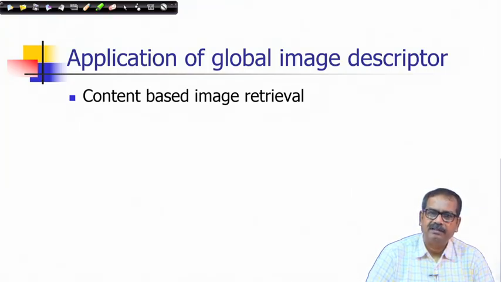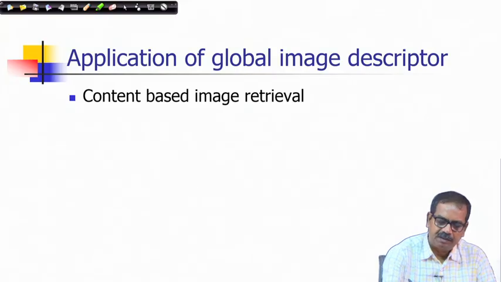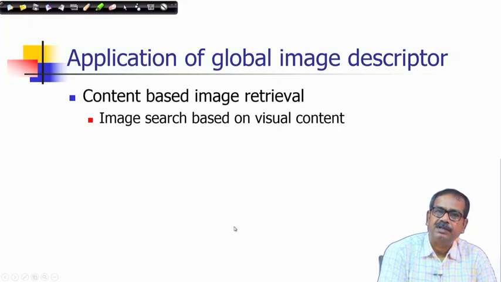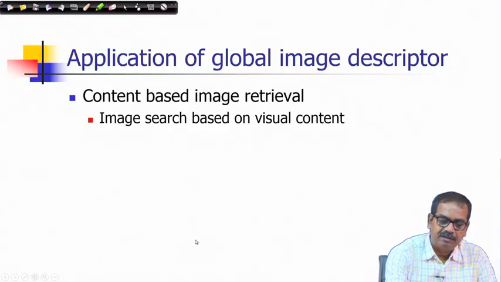So, you can even rank them, that means top match, next top matching, etc. In this way you can rank those images, say top 50 images, top 5 images, you can find out that list and report them. That is the way content based image retrieval works. So, it is an image search, but based on visual content.